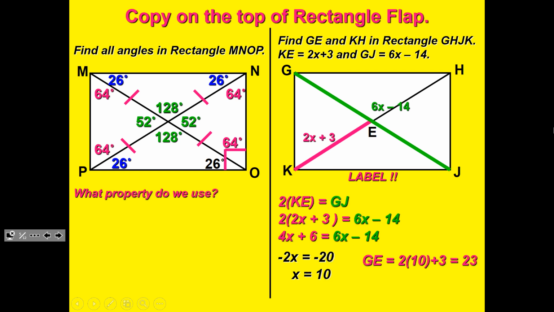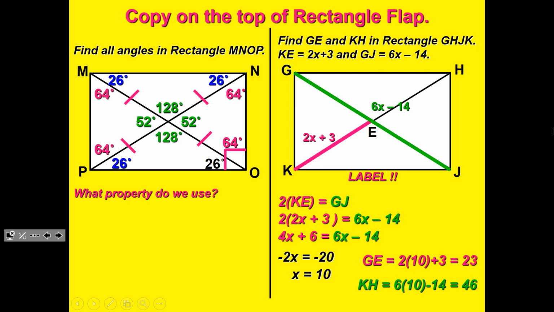And then for KH, what are we going to do to find KH? Double it. Yeah. If half of it's 23, the whole thing is 46. Okay.